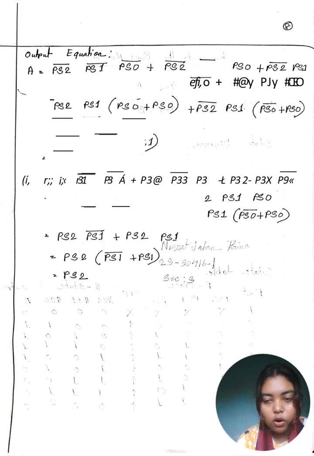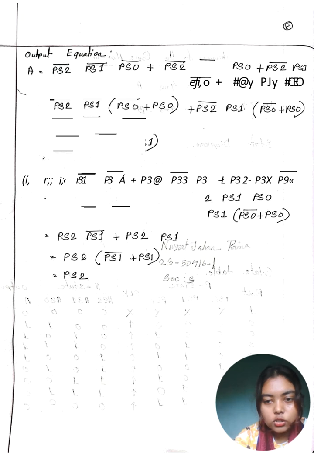The equation for output A is initially written as a sum of product terms corresponding to the states where output A is 1 in the state table. This equation is then simplified algebraically. The simplified equation for output A is given as A is equal to PS2.